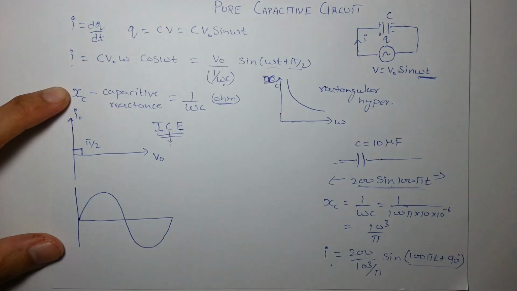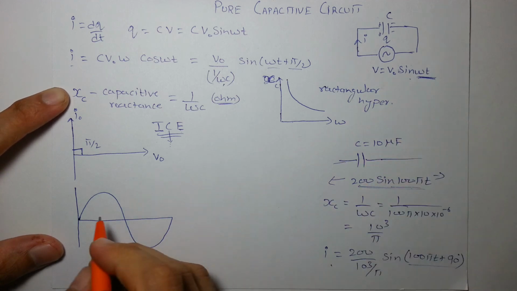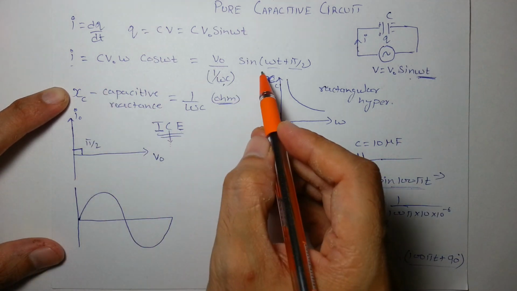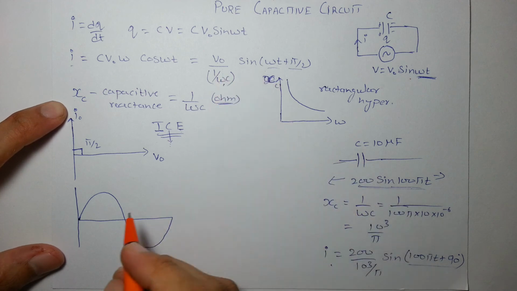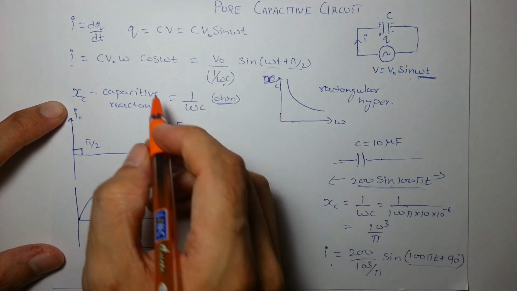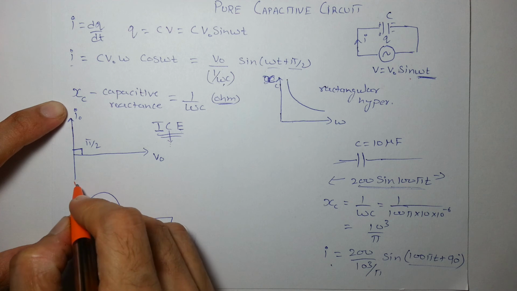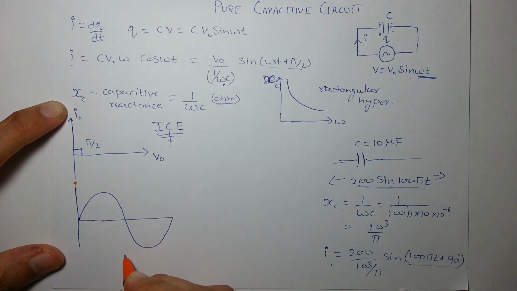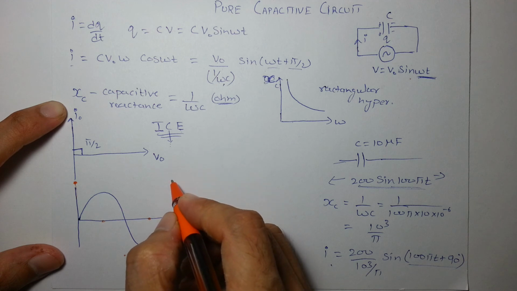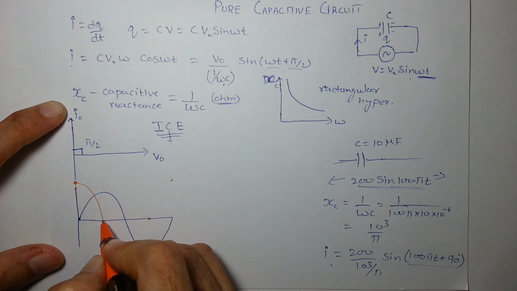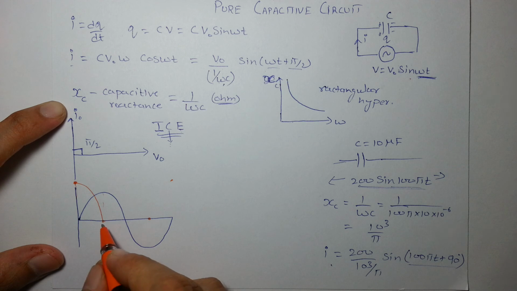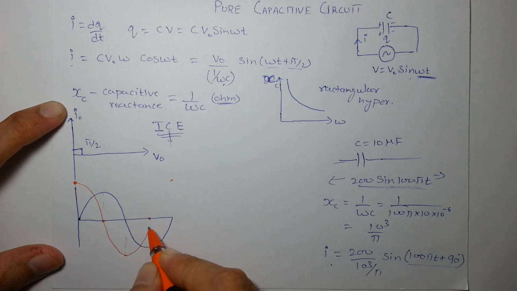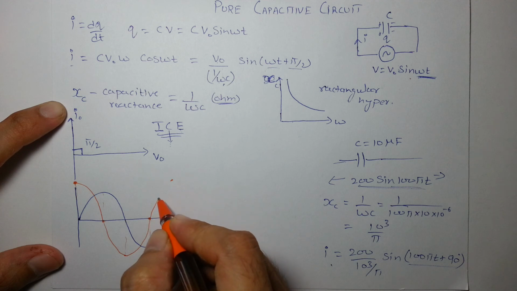This is a voltage graph which is given by sine, and if I try to draw the graph of current, तो current होगा cos graph. Let's say the amplitude of current is more, so the graph will appear like this. I'm just drawing the points. Maxima, this, and this.